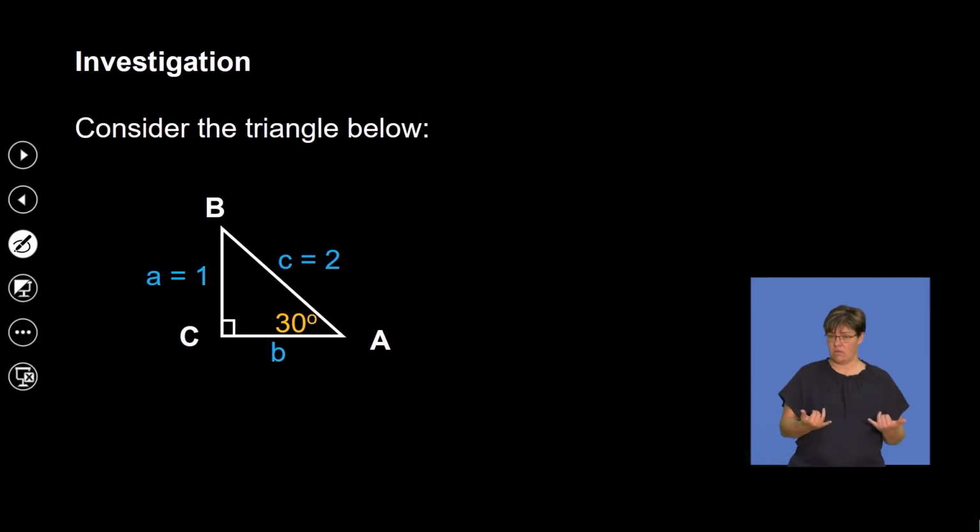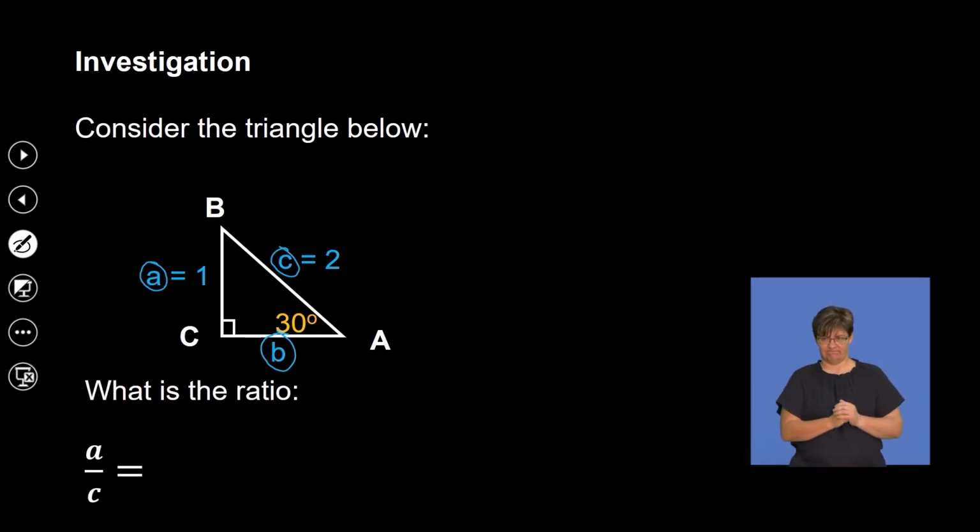Now, consider the triangle below. So you can see that I have the angle 30. I know what side A is. I know what side C is. Remember, the reason why it's A, C, and B is because each is the side opposite vertex A, vertex B, vertex C, so we name it according to that.